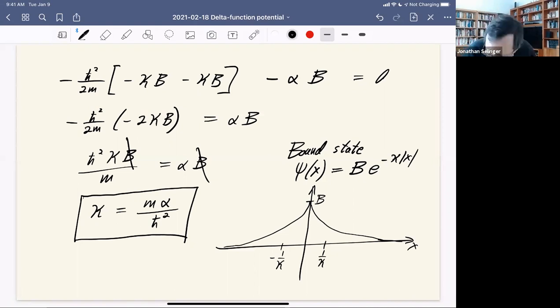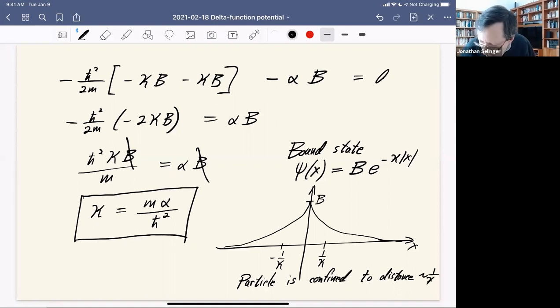All right? So this means that the particle is confined to a distance of about 1 over κ from the origin.